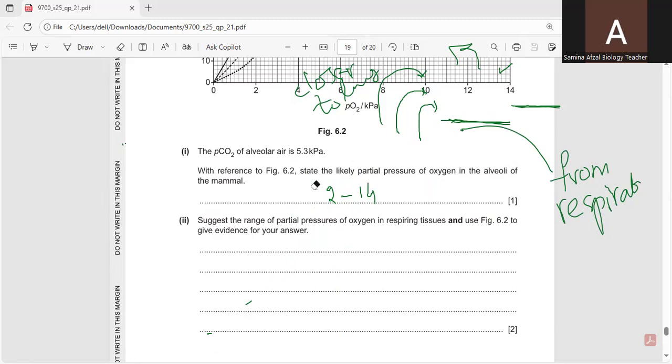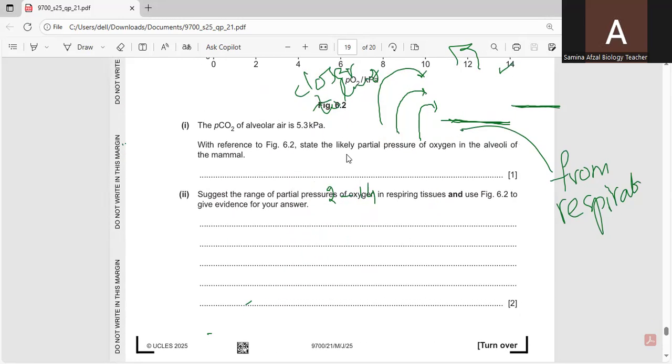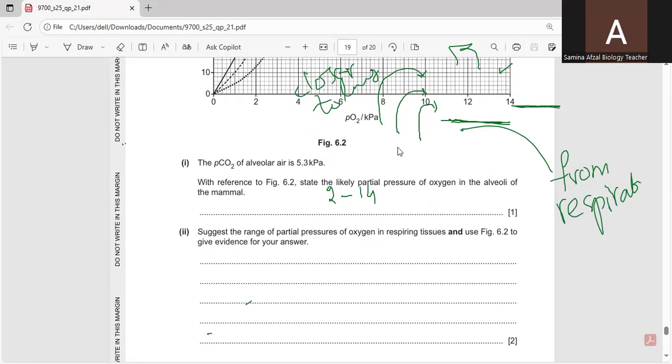It was between 12 to 14 for the lungs, and now it is between 0 to 6 or 1 to 6. You can write any of these. And I have shown you the steepness of this on the graph.